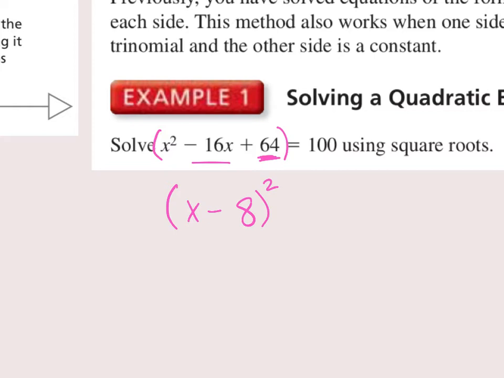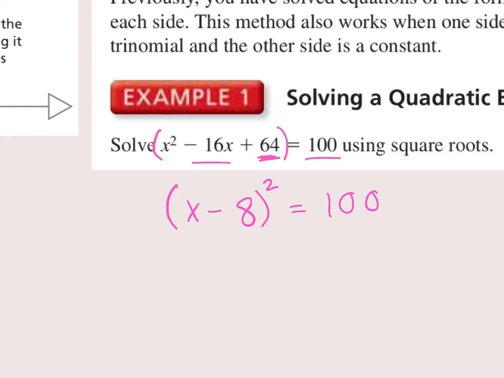So this is a perfect square trinomial. And if we notice, the right side of our equation is also a perfect square.